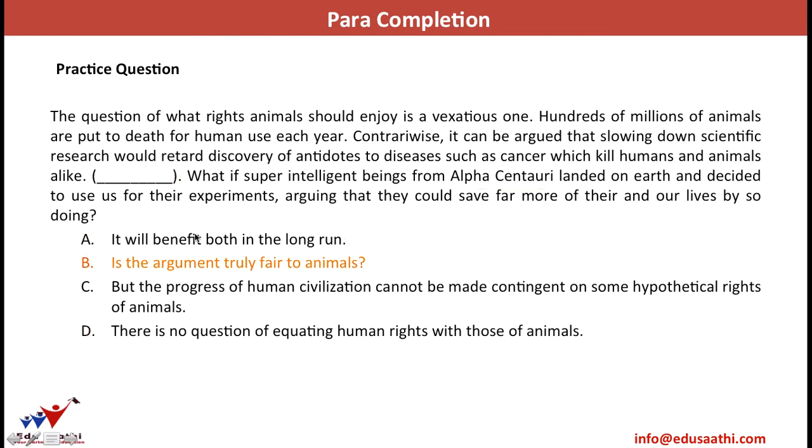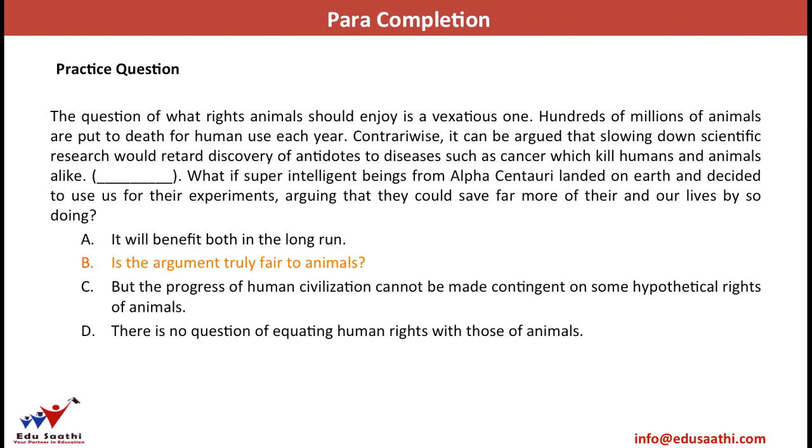Again, why? Because the continuity says that we are experimenting on the animal, saying that if we do not, how will we test whether these diseases or these antidotes are helpful or not, right? Similarly, is it fair or not?